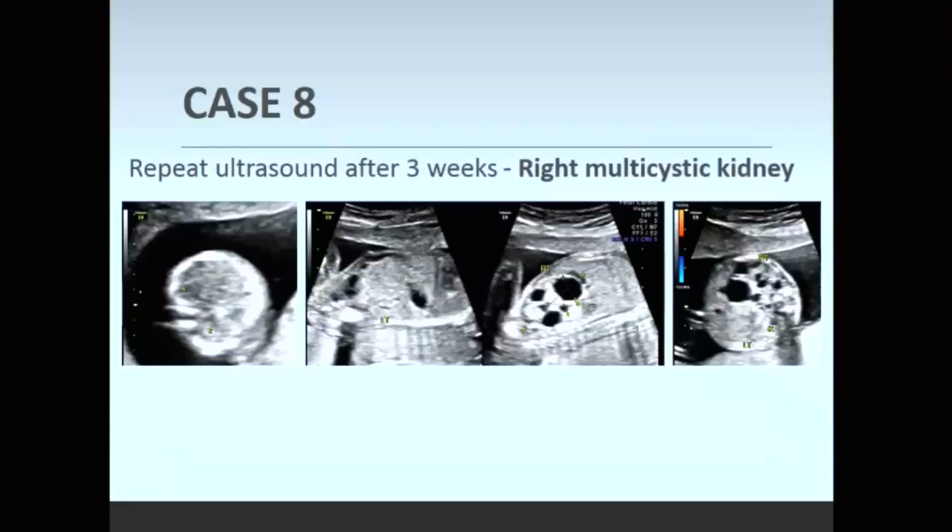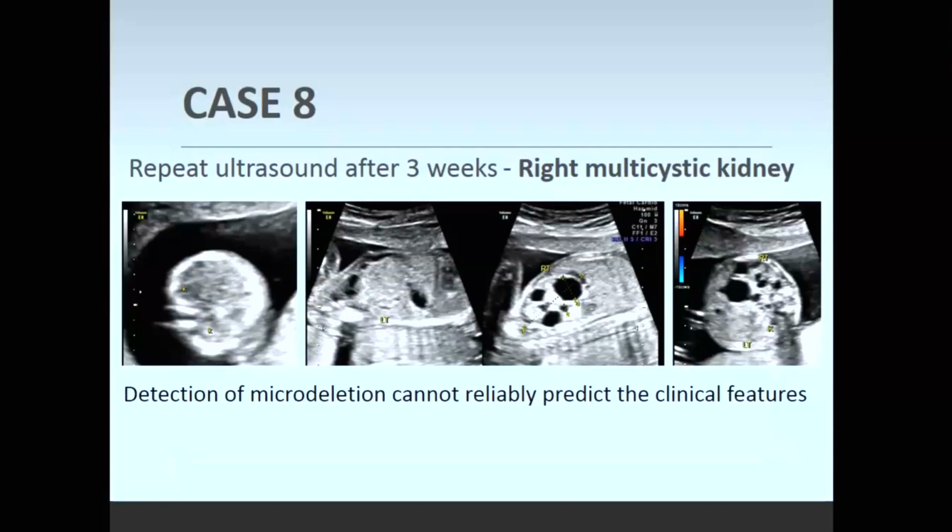Usually we do a repeat ultrasound when the patient comes for taking report. On repeat ultrasound, after 3 weeks, we detected a right multicystic kidney. So now we know that the baby actually has some renal manifestations, and then the counseling became easy, and the parents also understood that the baby is affected with a microdeletion syndrome.